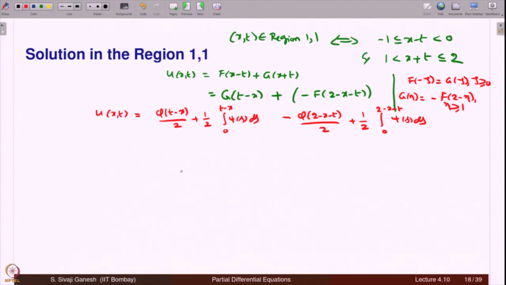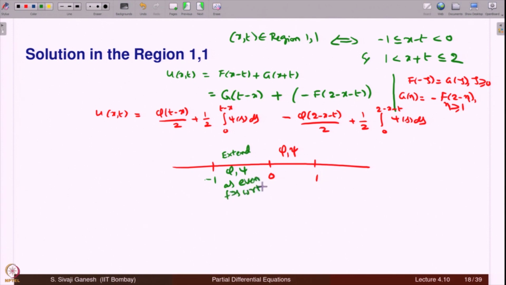So now we need to define some extensions. Let us do it once for all. 0 is here. So between 0 and 1, phi and psi are known. Between minus 1 and 0, extend phi, psi as even functions with respect to x equal to 0.